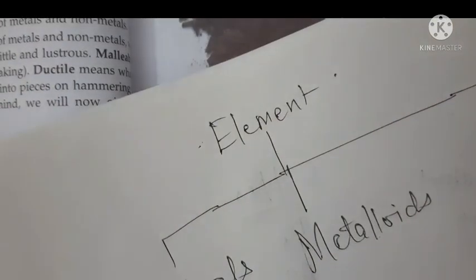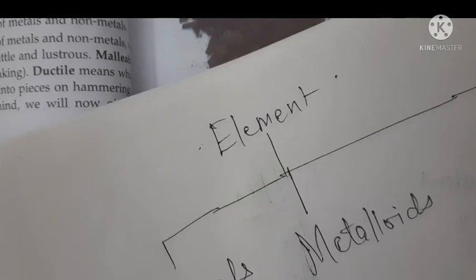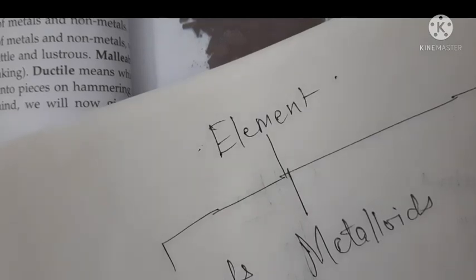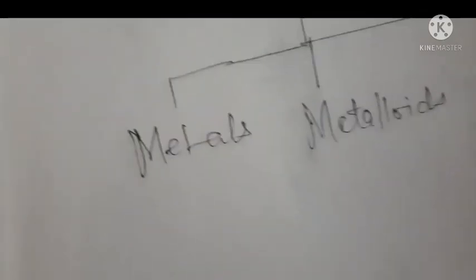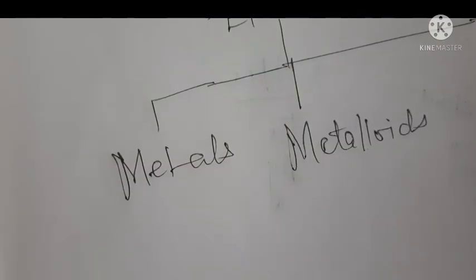There are 92 elements, and we cannot remember the properties of all 92 elements. So these 92 elements are grouped into three groups, and those three groups are metals, metalloids, and non-metals.